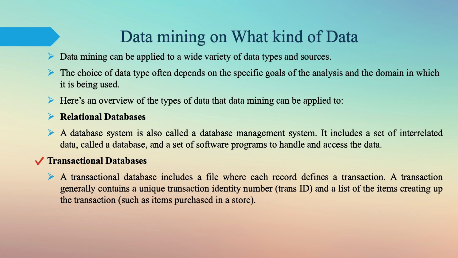Next is the transactional database, where the transactional database includes a file in which each record defines a transaction. A transaction generally contains a unique transaction ID, that is, a trans ID number, and a list of items making up the transaction, which means items purchased in the store.